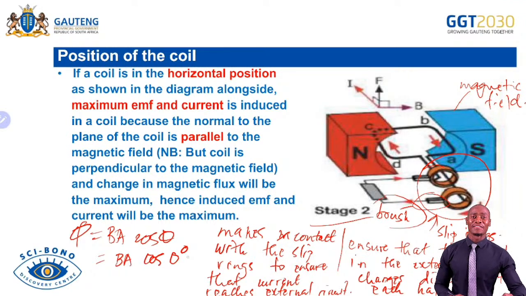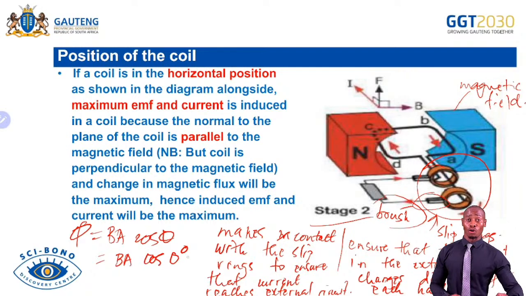Then magnetic flux will also be the maximum. So there will be a change in magnetic flux, and then EMF will be induced in that coil, and it will be the maximum. That is very, very important, learners.